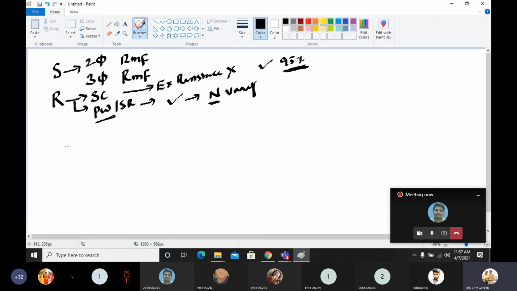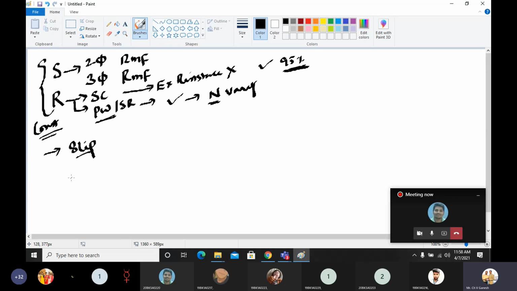After construction, next we discussed slip, how the slip occurs. Then after that, we discussed the problems on slip.